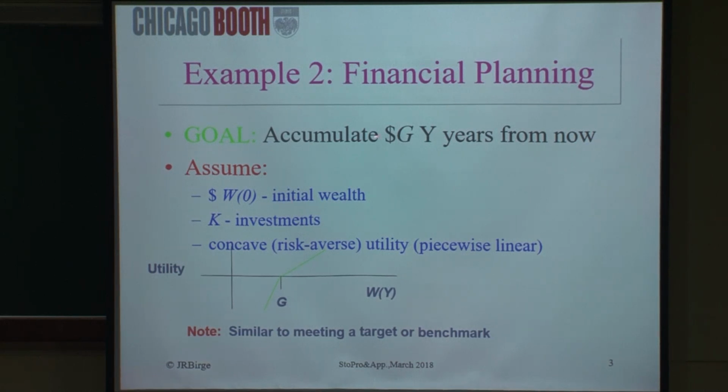What I'm going to assume is that it's worth more to get to G than it is to have wealth beyond G. So if I can get to G, that will be very good. I will have been able to save enough to buy a house. So I'm trying to save money to buy a house. Once I get enough, then I say, okay, now I can buy a house, and that's great. But if I have more money than necessary to buy a house, that's nice, but it's not worth as much as getting money to buy the house.